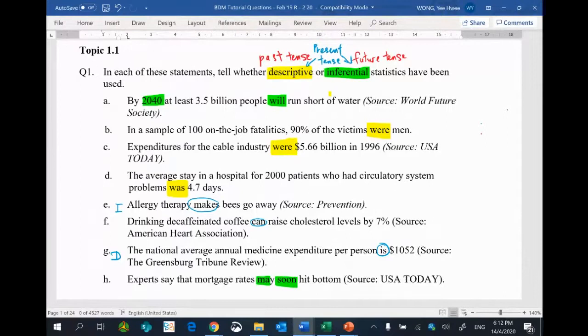If you have collected data, and from your data you find that drinking decaffeinated coffee raises cholesterol levels by 7%, you would just write that drinking decaffeinated coffee raises cholesterol levels by 7%. You don't really need to put in the word can. So that word can seems like maybe, probably, right? So you are not very sure. That indicates that it may be inferential statistics. This is a bit tricky. Yeah, F is a little bit tricky.